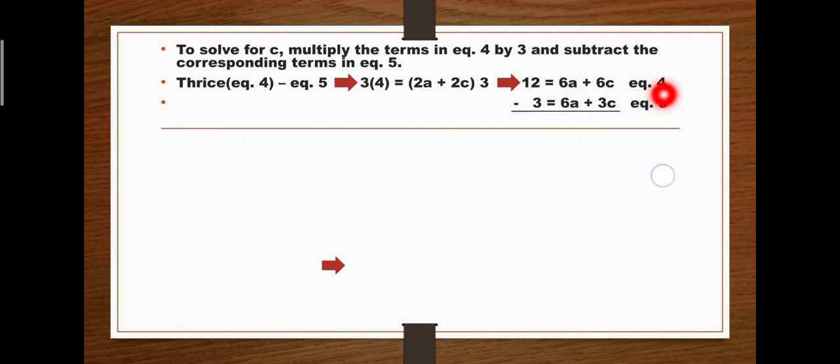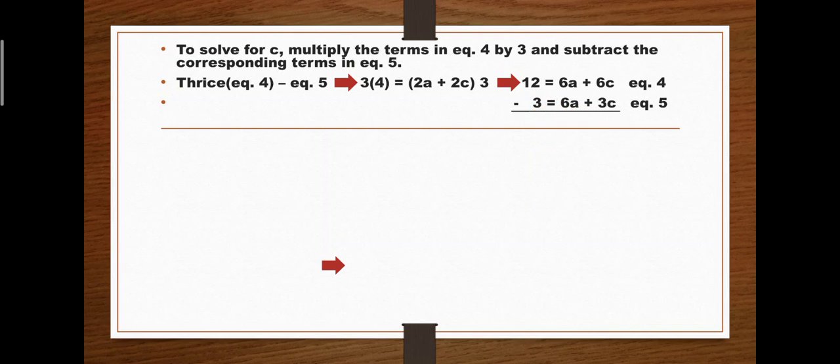So, yan yung equation 4. Equation 5 natin is ito. 3 is equal to 6a plus 3c. So, i-minus natin siya. Yung equation 4 lang ha, yung multiplyan nyo ng 3. Yung equation 5 is hindi na nyo kailangang multiplyan ng 3.